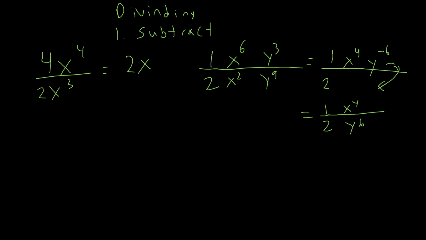Let's go ahead and do one more example. So let's say we have 8 over 2. So we have x to the negative 6, x to the second. And let's say we have y to the negative 3, and then y to the 7th.